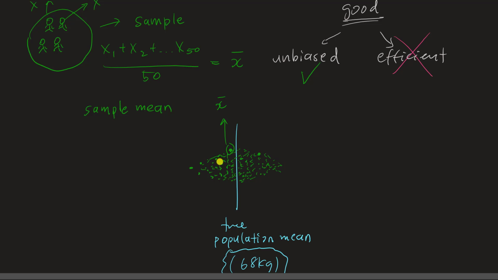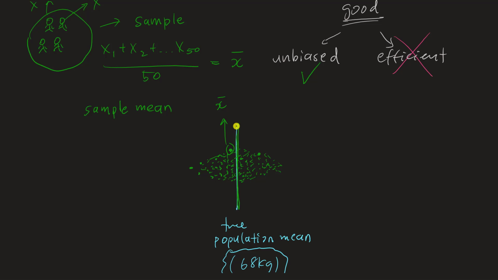What did you notice? The center of these green colored dots matches up with the true population mean. In other words, the average of all these sample means matches up with the true population mean.